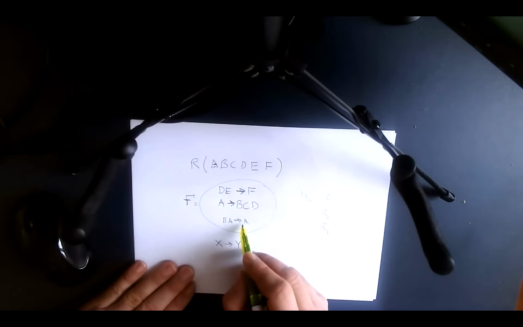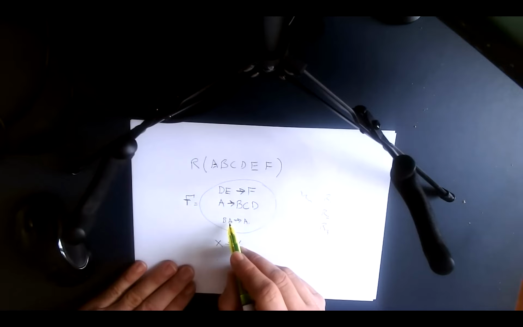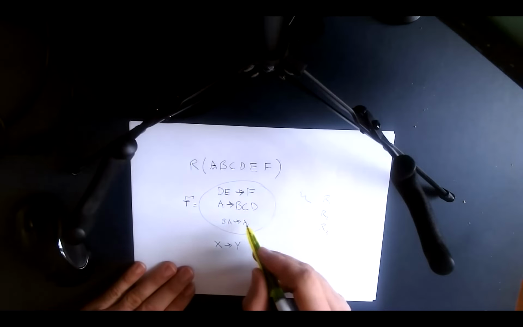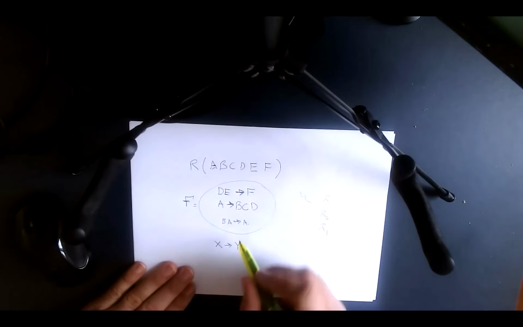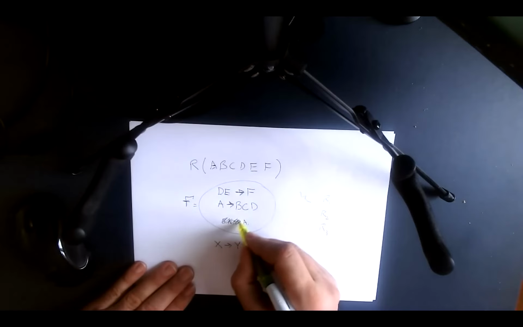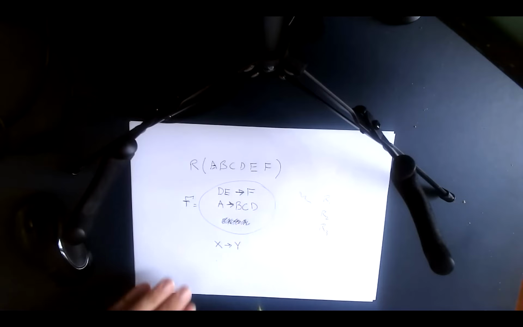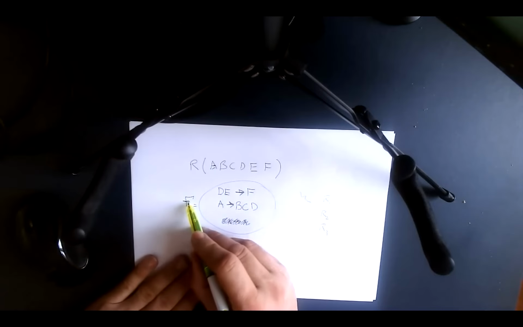If I take two tuples that have the same value for B and A, then they're going to have the same value for A. Well, that's always the case, right? That's why they call it trivial. And typically we don't write down the trivial ones. They just exist as something that's true. Okay, that's just a fact.